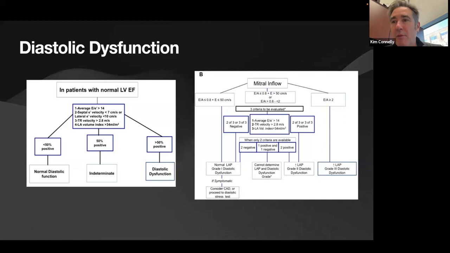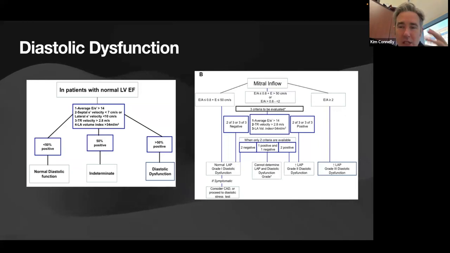That can be either a reduced ejection fraction or a number of these other parameters, like elevated E over E prime and abnormal diastolic function. Sometimes it's forgotten that these are important prognostic factors when the EF is low, but in fact these are corroborating evidence if you're considering the diagnosis of HFpEF.